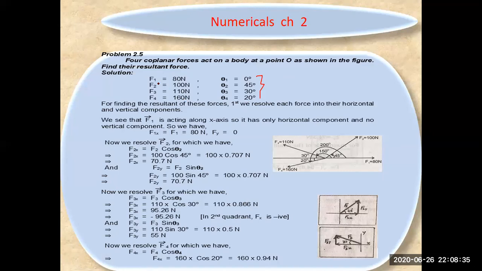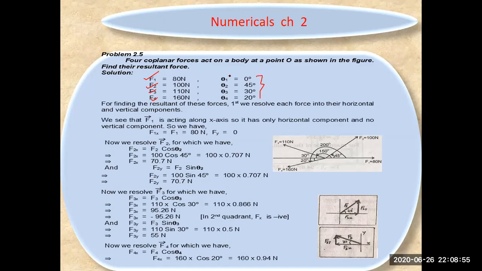The question is, there are four forces. F1 is 80 Newton, F2 is 100 Newton, F3 is 110, and F4 is 160 Newton. And these are the angles at which the forces are acting.